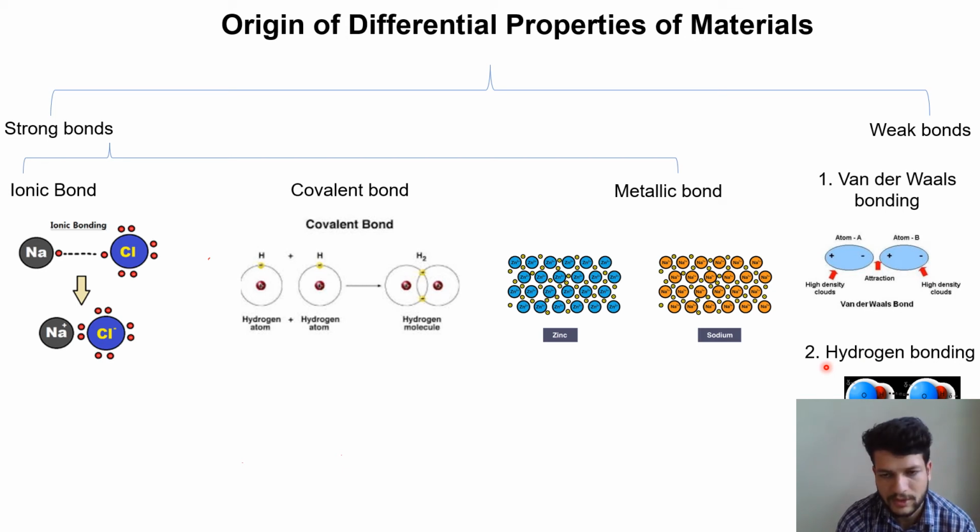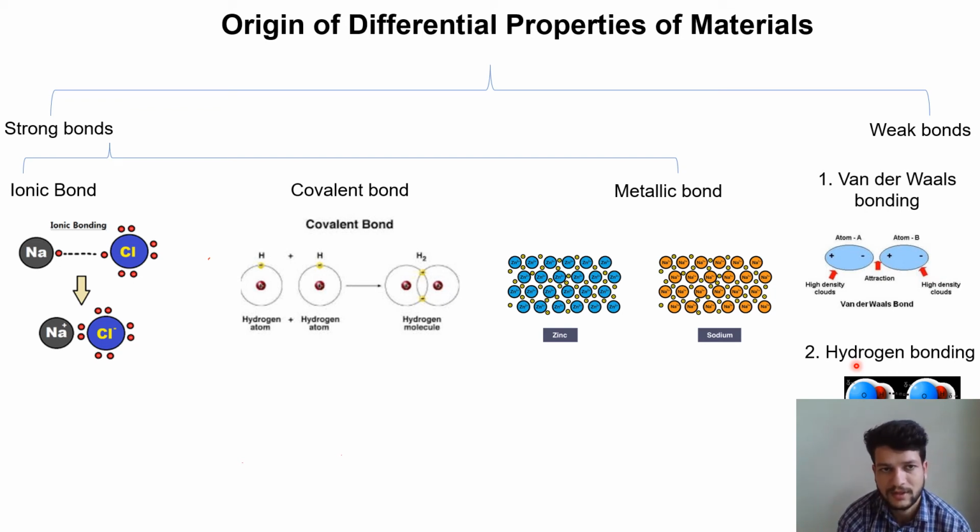This hydrogen bond can be of two types: intermolecular hydrogen bond or intramolecular hydrogen bond. The intermolecular hydrogen bond occurs between separate molecules, and the intramolecular hydrogen bond occurs in the same molecule, between different parts of the same molecule.